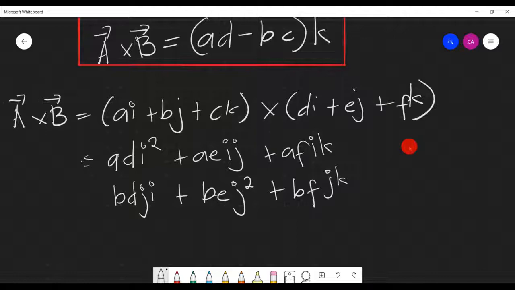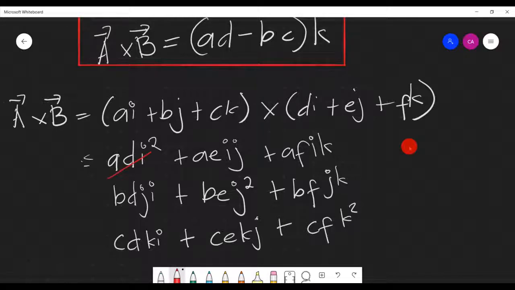Okay, then sunod is CD ki plus CE kj plus CF k squared. And alam natin na yung mga squared ay 0, 0, 0. Okay? Ngayon, yung ij is positive k. So ji is negative k.